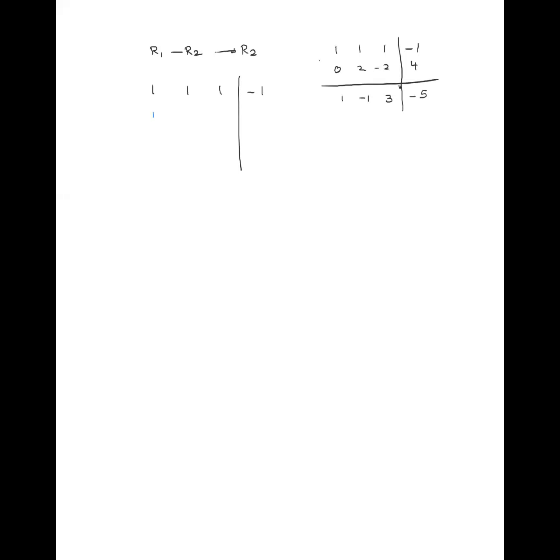So 1, negative 1, 3, negative 5. And then for R3, I'm going to do, sorry, I made a mistake here. It's actually 1, 0. I'm sorry. Here we get 0, negative 1, 3, negative 4.